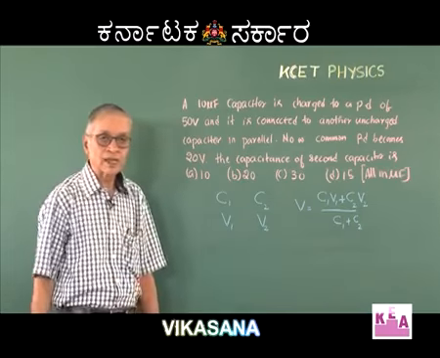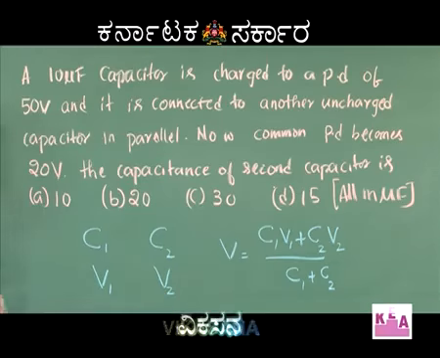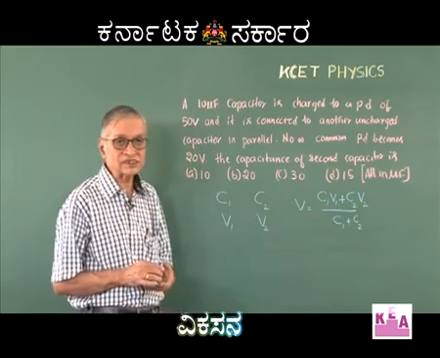Note that the second capacitor is uncharged. If it is uncharged, the potential across it, that is V2, must be 0.